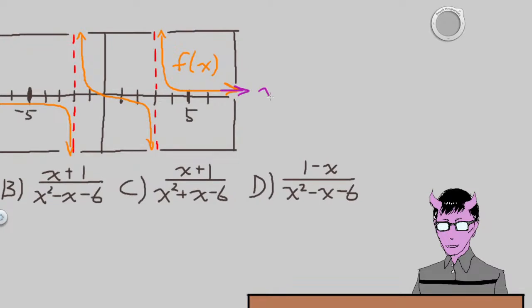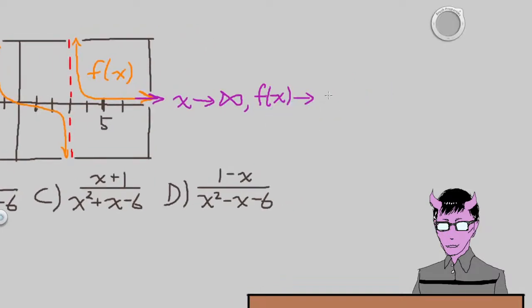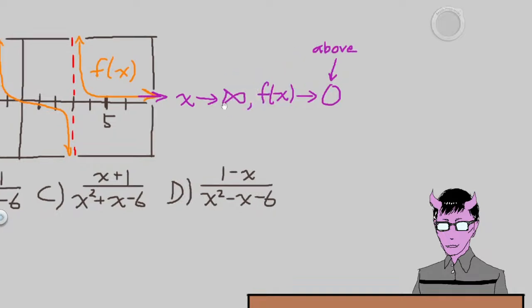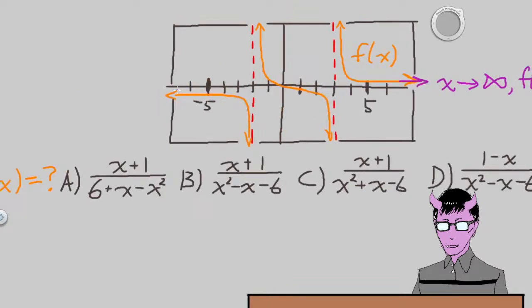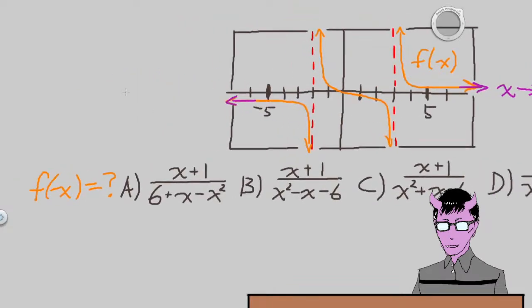So basically, as x approaches a huge positive value, then the y values, f of x, are going to be approaching 0. But here's the thing though, since we are above the x-axis, just put above 0. Slightly above 0.